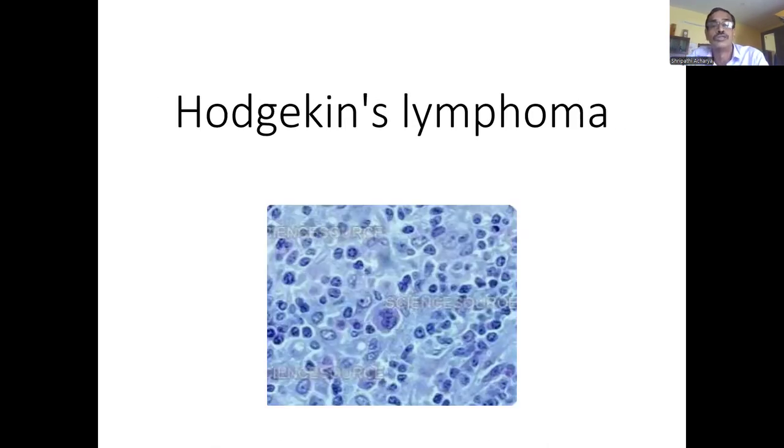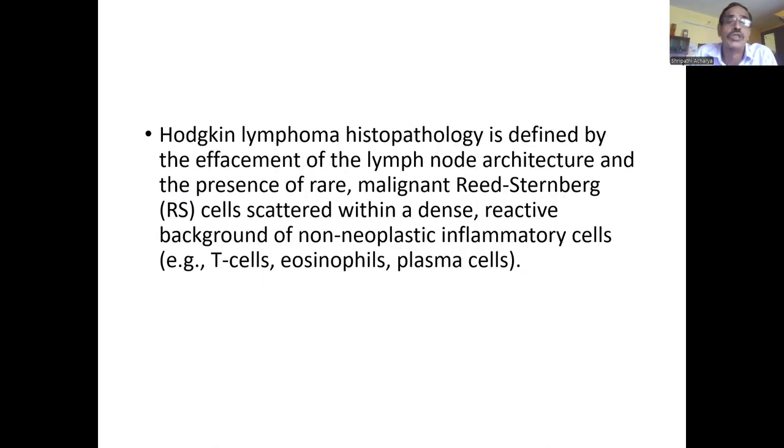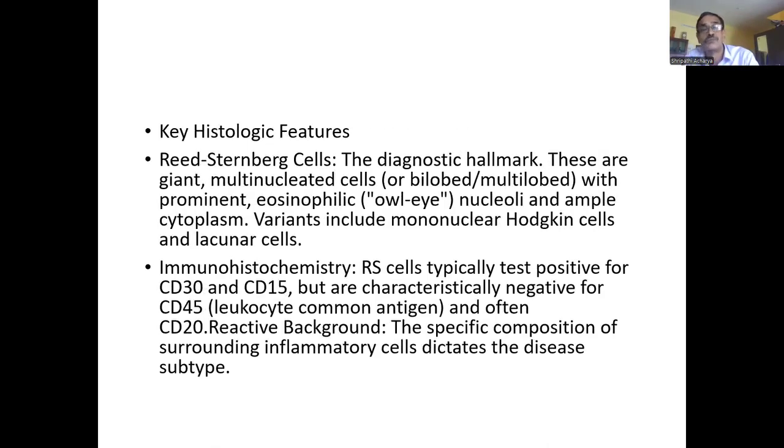Next is Hodgkin's lymphoma. Hodgkin's lymphoma histopathology is defined by the effacement of the lymph node architecture and the presence of rare malignant Reed-Sternberg cells scattered within a dense reactive background of non-neoplastic inflammatory cells, for example, T cells, eosinophils, plasma cells.